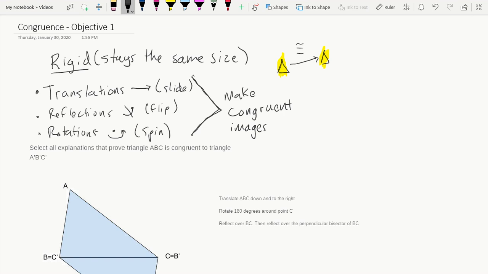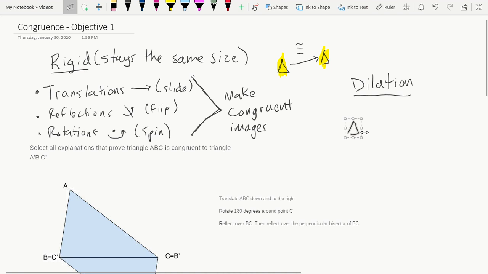Now, the one different one is a dilation. Dilation is not rigid, so it doesn't keep something the same size. Let's think about a triangle here. If I do a dilation, it actually makes it bigger. So a dilation would go from there to there.